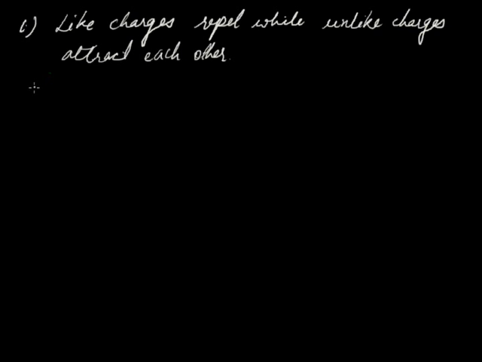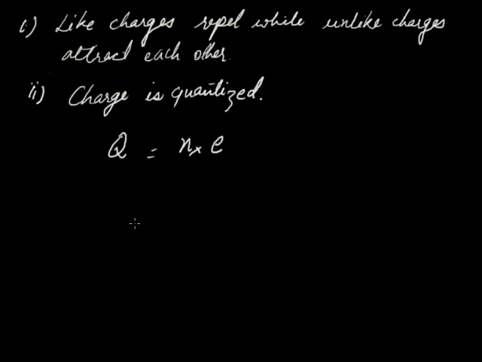The second property is that charge emerges due to the imbalance of electrons, that's why it is said that charge is quantized. That is, charge is always found in multiples of the electronic charge.